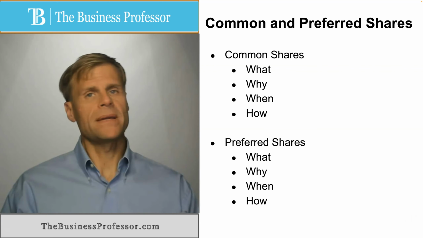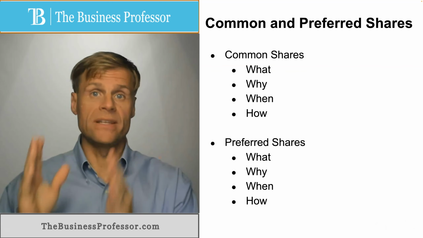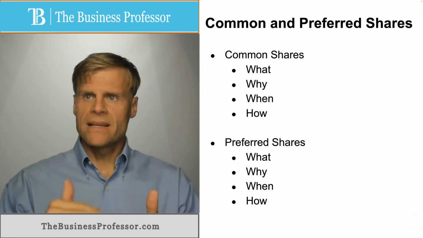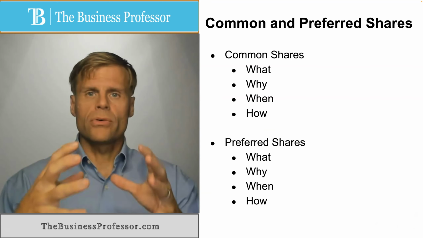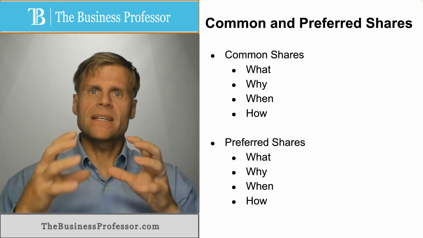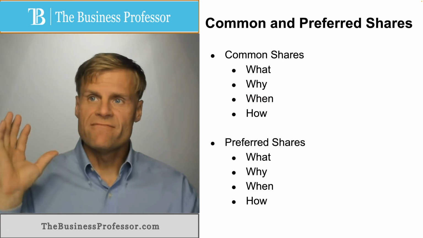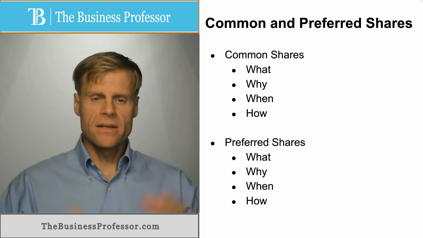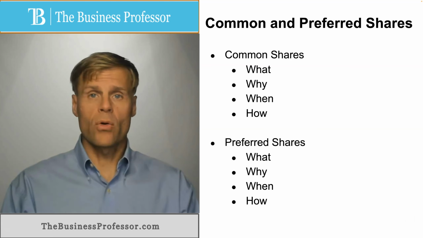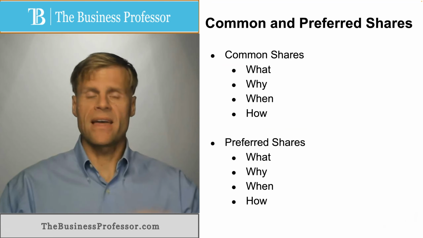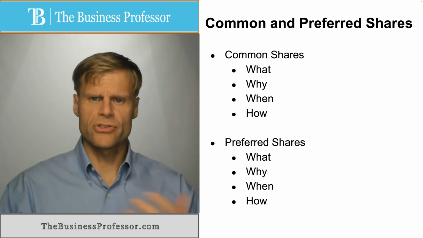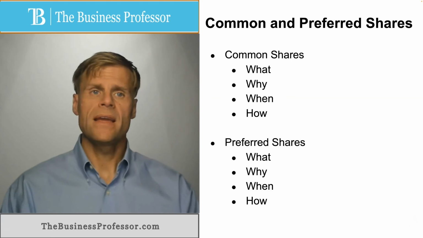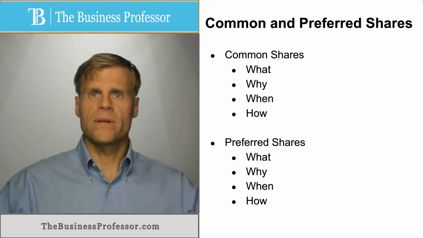And preferred simply means it has rights that are different than the common shares. These are select rights that are generally bundled into a specific type of stock or share that investors want in exchange for investing in the company. So if I form a corporation and I've created 1,000 common shares and that's distributed to the founders, but then an investor wants to purchase an interest in the company, we need the money to grow, so we agree to it.